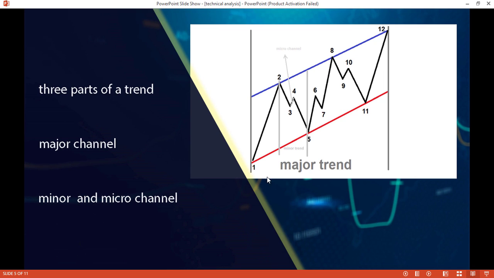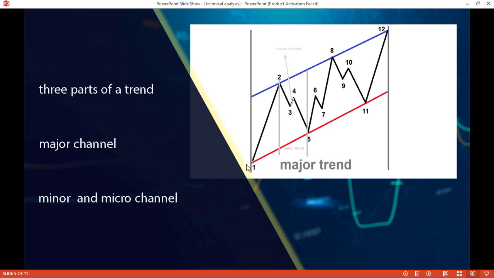You are in, for example, number one part of the movement. Here the chart may be decreased. The price may have been decreased before this chart.